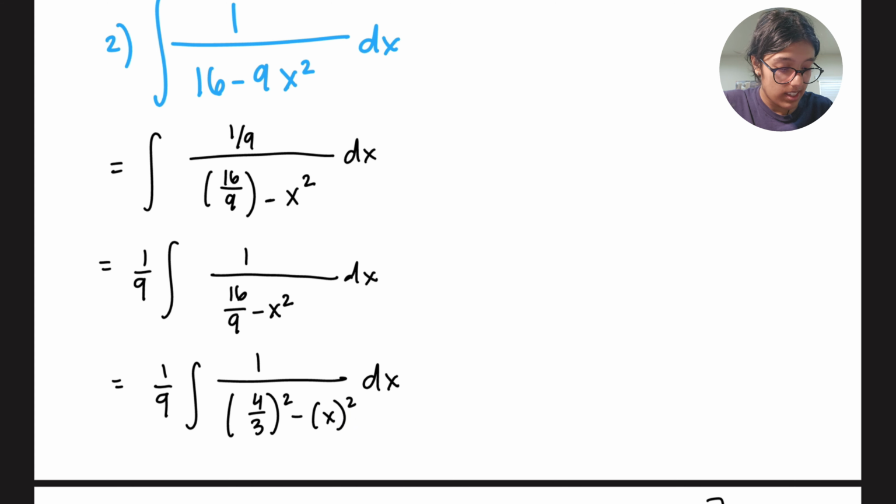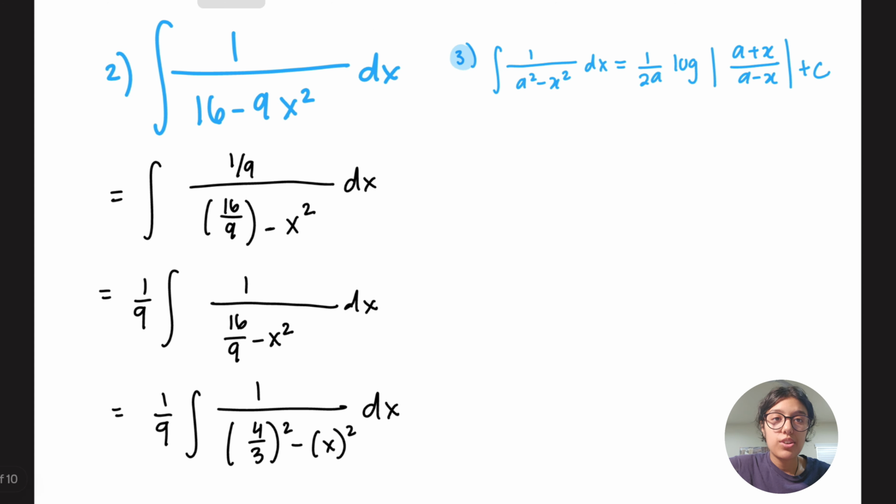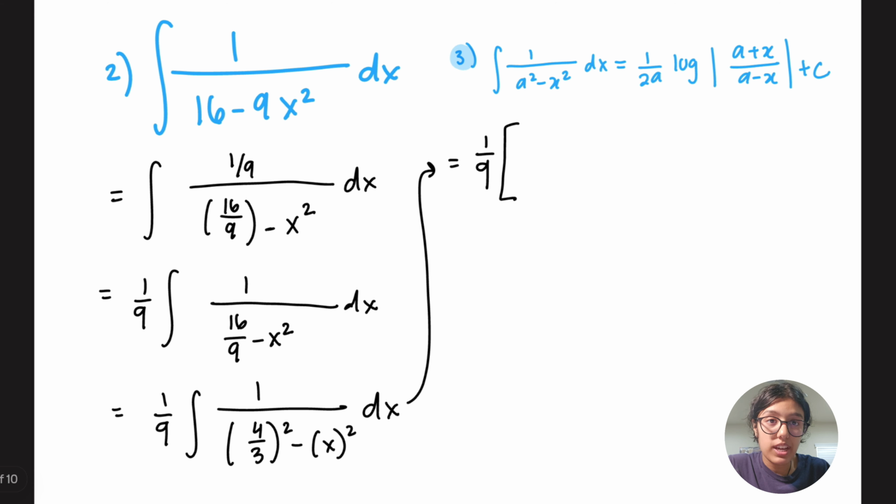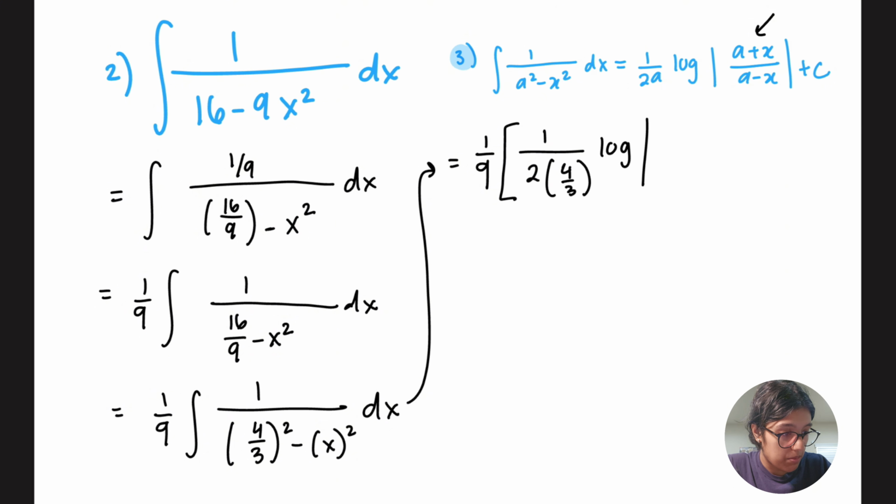And we see that this is in the form of our third special integral, which is integration 1 over a squared minus x squared dx equals 1 over 2a log something plus c. So let's actually apply that straight away. We're going to take this over here equals 1/9, 1 over 2a, so 1 over 2a, once again, is going to be 4/3, and then we have log of a plus x.